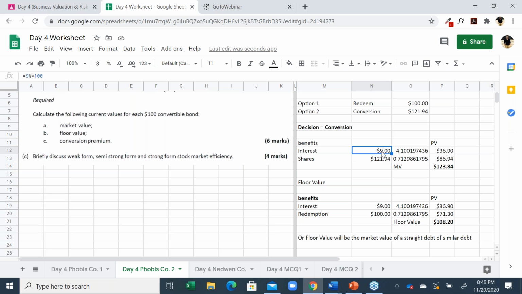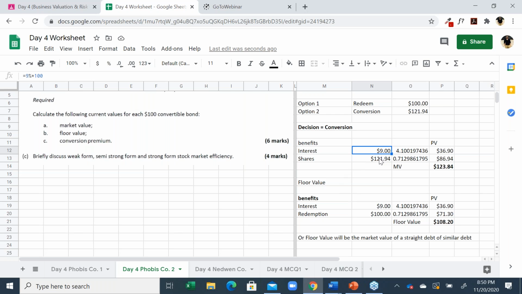Let's say there's no conversion option, and the company is redeeming the bond at par after 5 years. At whatever price this particular bond will be traded currently in the market, that price will be considered as the minimum value of this convertible debt.